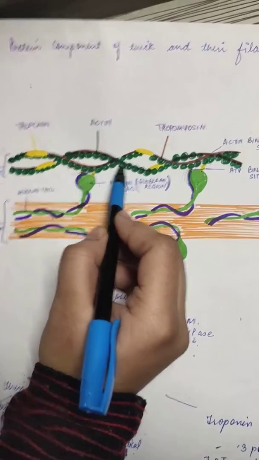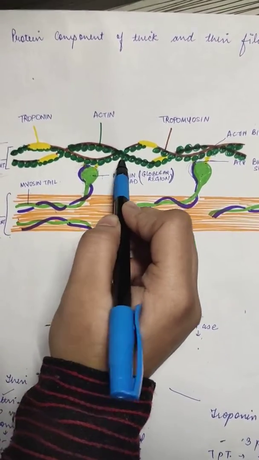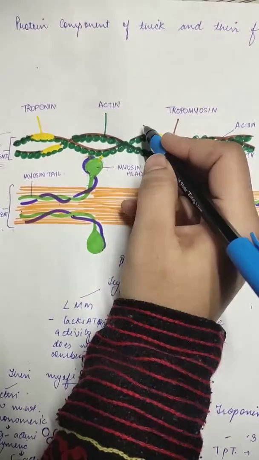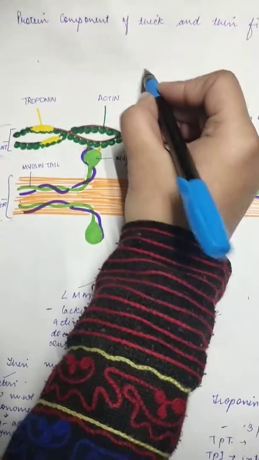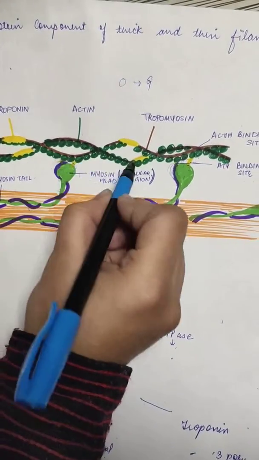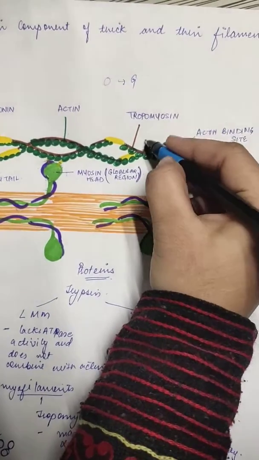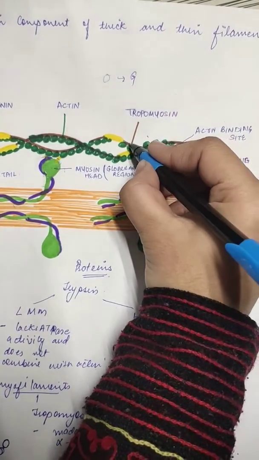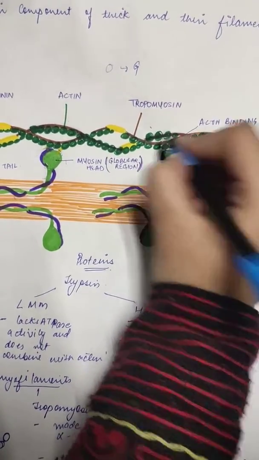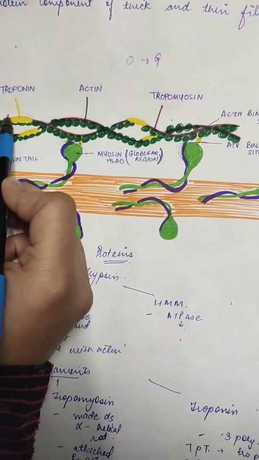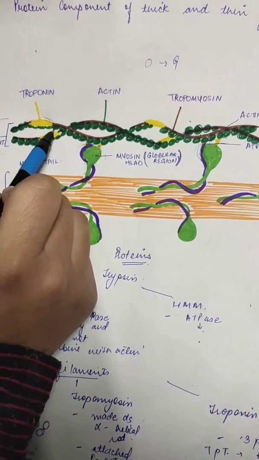This green color is the actin. It has low molecular weight and is categorized into monomeric and polymeric forms. The monomeric form is known as G-actin and the polymeric form like this is known as F-actin. Another is tropomyosin. It is made up of a double-stranded alpha helical rod, this brown colored, attached with the F-actin. And the last is troponin. It contains three polypeptides.